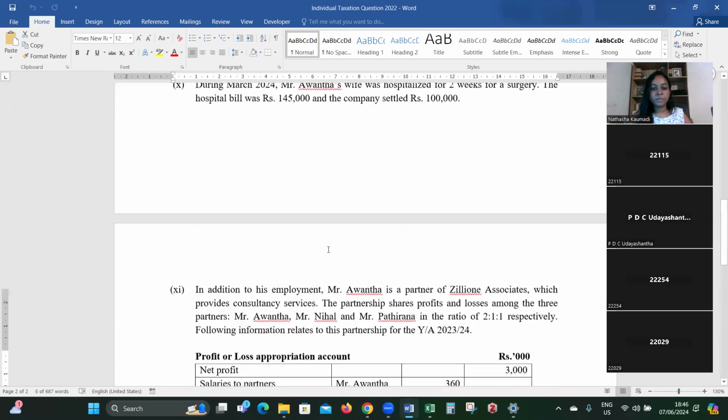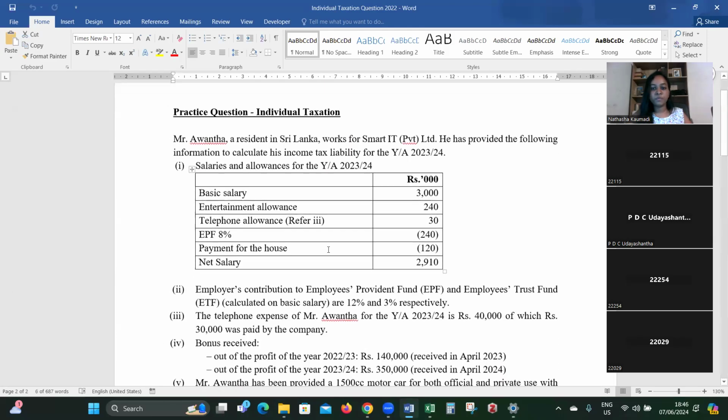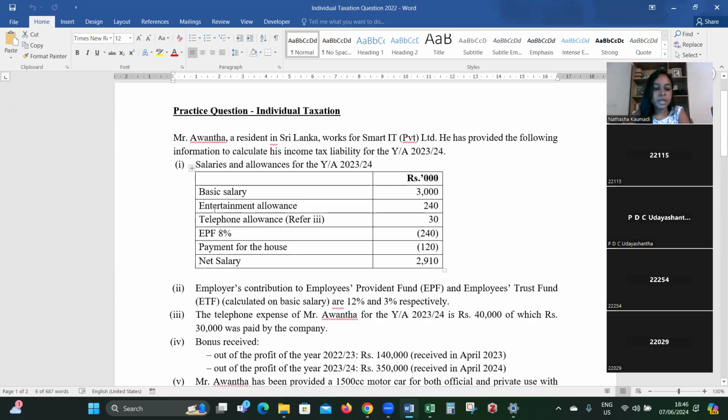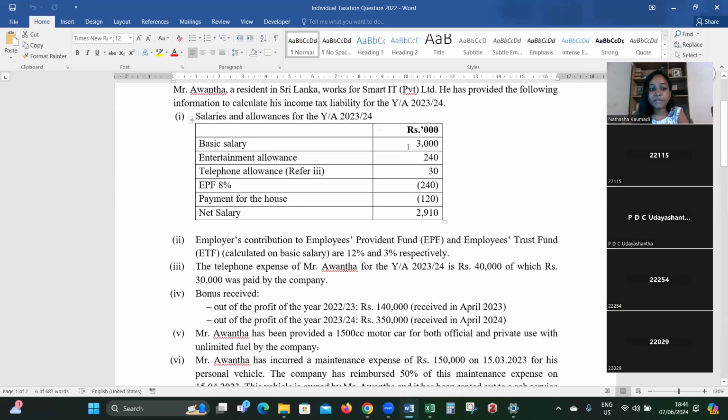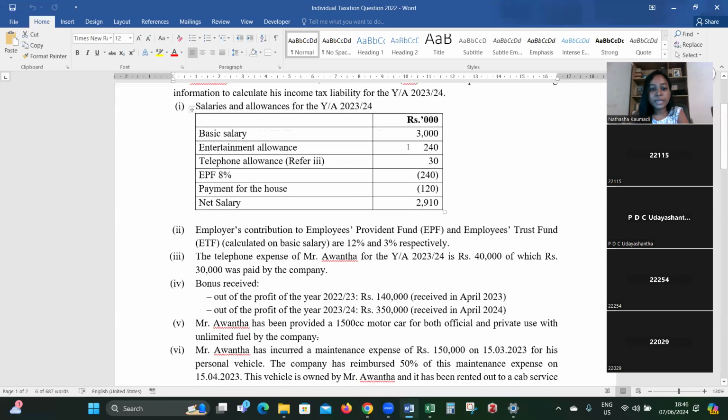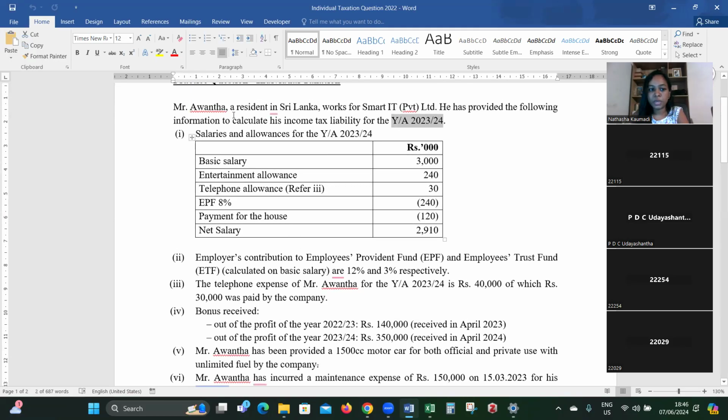I'm going to the top of the question. Mr. Avantha, a resident in Sri Lanka, works for Smart IT PSC. He has provided the following information to calculate his income tax liability for the year of assessment 2023-24. So he's a resident working in this company.